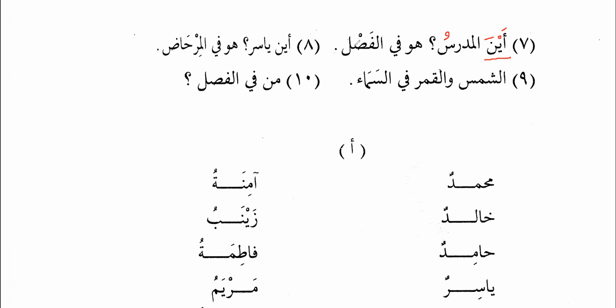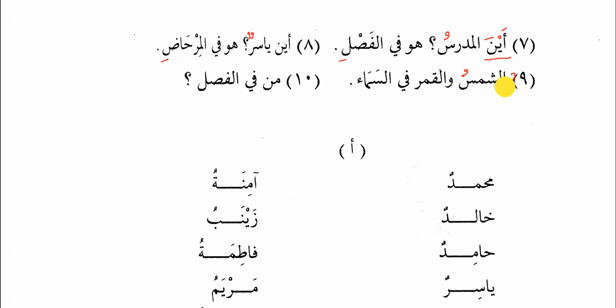Huwa fi fasli. Fasli means class. The teacher is in the class. Aina Yasirun. Yasir is an Arabic name, that's why tanween dhamma. Huwa fil mirhadi. Mirhadi means bathroom. Ash-shamsu. There is nothing before, so it will have a dhamma.